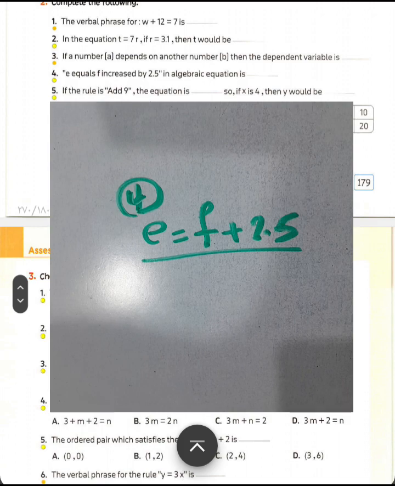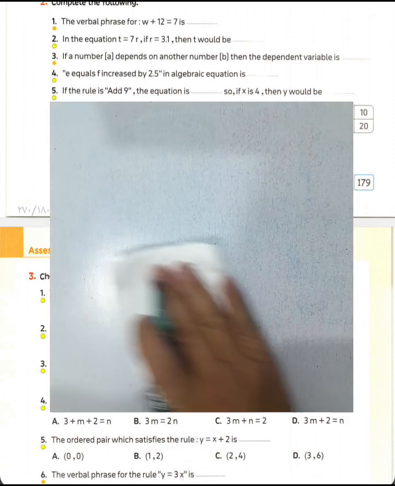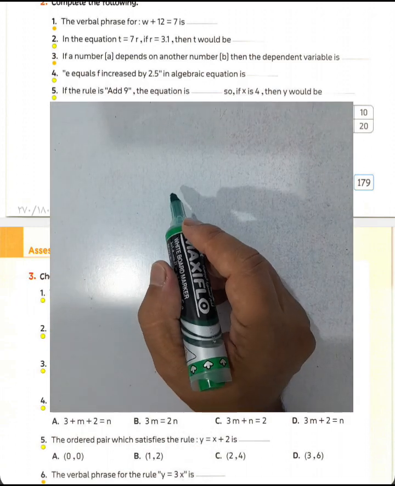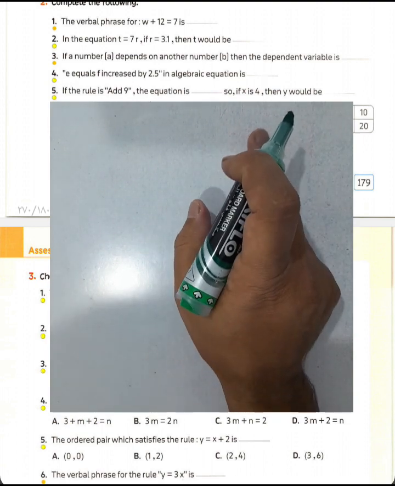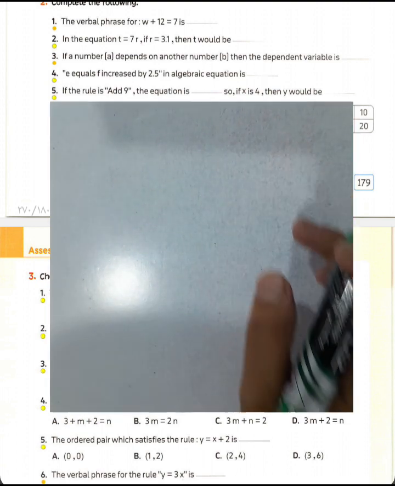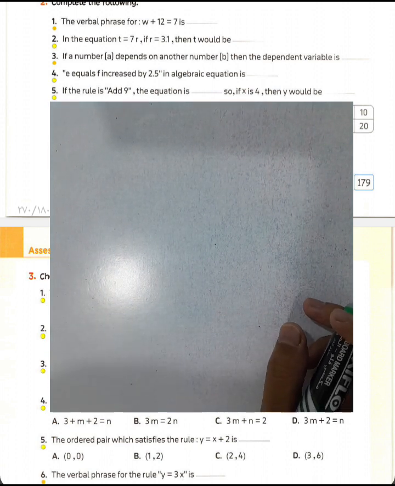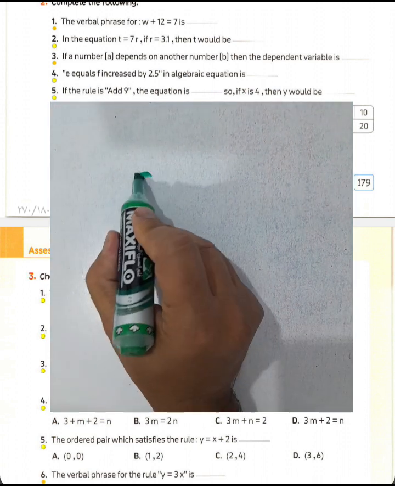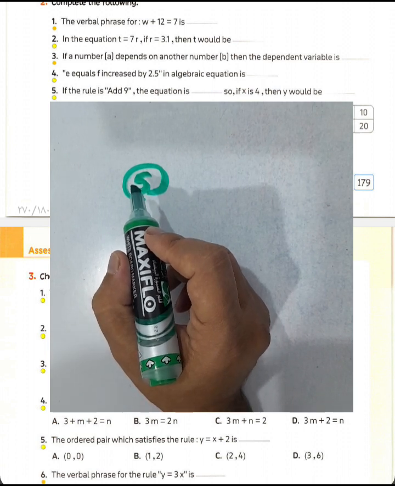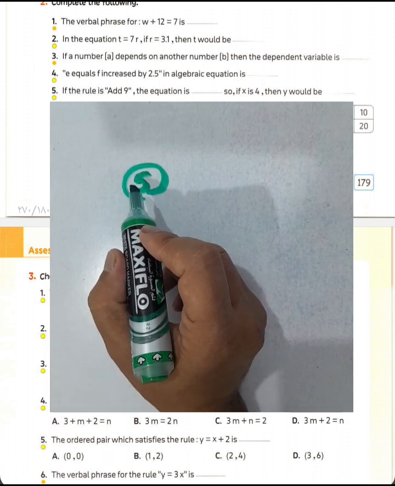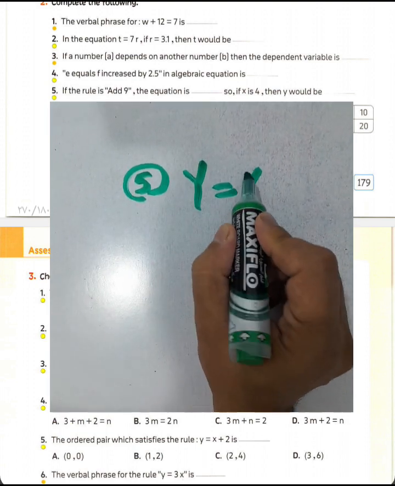Number 5. If the rule is add 9, the equation is space, so if x equals 4, then y would be what? About question number 5 here, he asked: if the rule is add 9, you can write the rule y equals x plus 9.